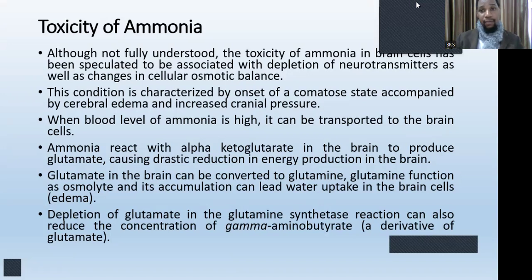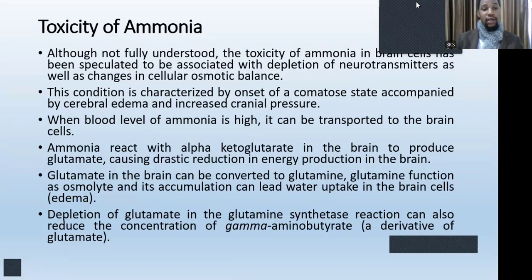Number one, the metabolites of the citric acid cycle can be converted to alpha-ketoglutarate, and then converted to glutamate. So that will reduce the citric acid cycle, and general energy production will be affected.